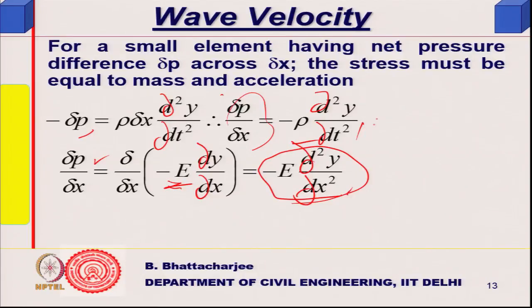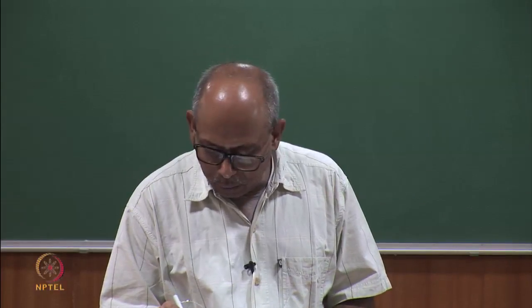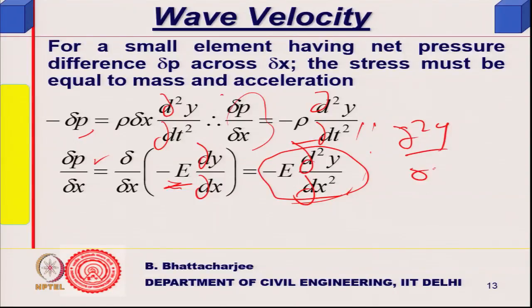And remember, the ratio of these two is the wave equation's c squared. Remember, del square y del t square is related to del square y del x square through c squared. So, if I take a ratio, dp dx I have found out, and dp dx is also this, and these two are equal.